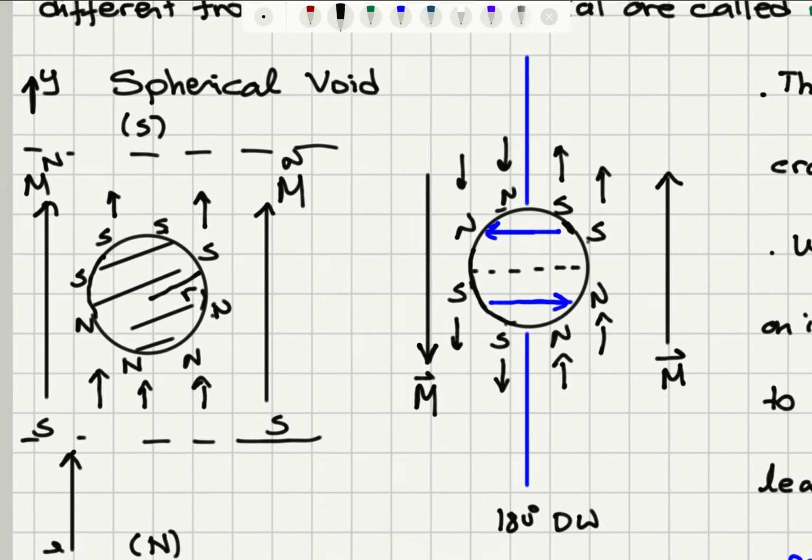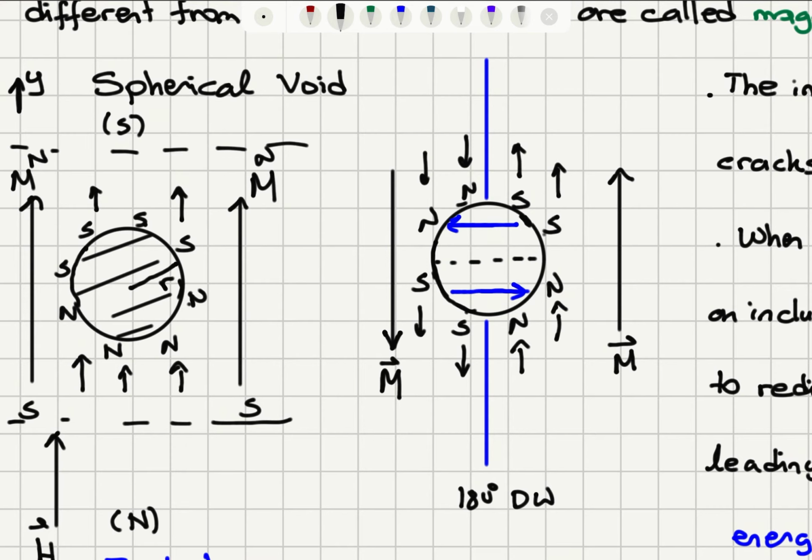In the initial configuration here, I have the whole magnetic material magnetized up. So there's a magnetic field that's pointing up. So that means I have south poles on the upper side and north poles at the bottom side of the pore, so that I have the magnetization vector pointing up everywhere. So there is no domain wall here.